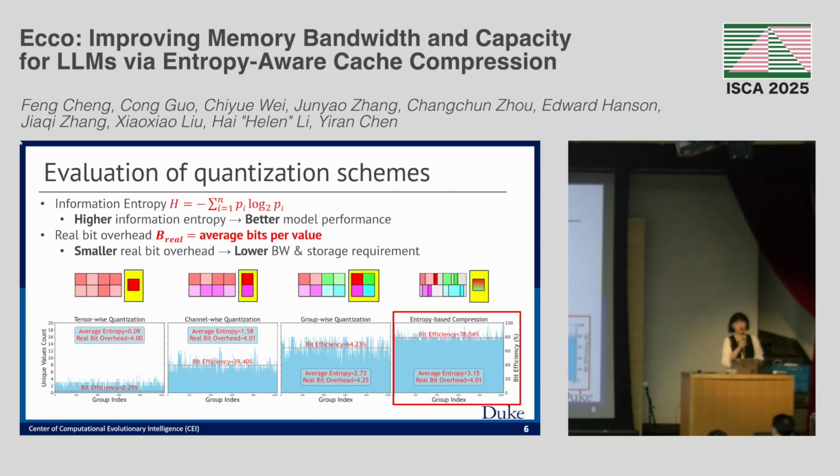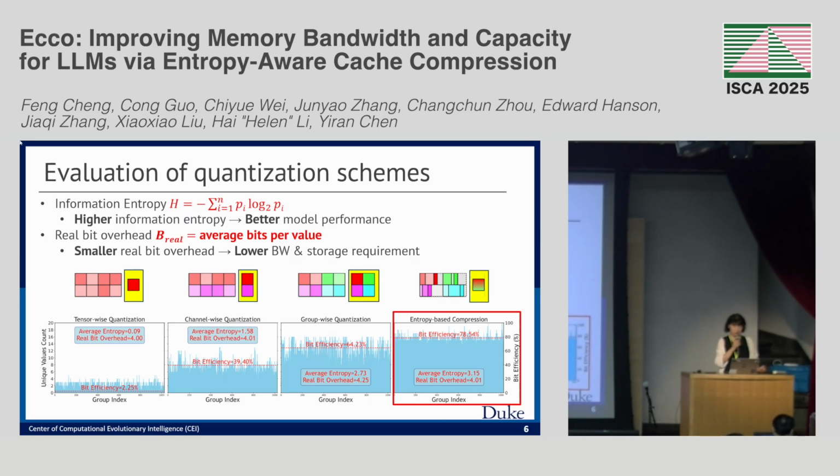In this work, our goal is to design a compression method that retains the most useful information using fewer bits. Basic quantization is a fundamental technique in model compression. To evaluate the effectiveness of different quantization schemes, we introduce information entropy to evaluate the level of information preserved in the data, and also the real bit overhead to reflect the cost of each scheme.